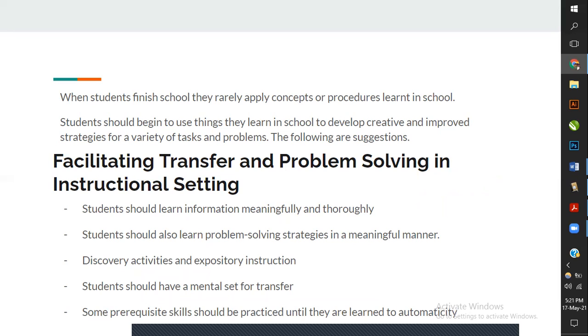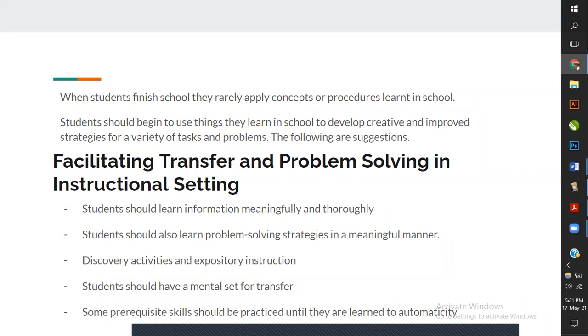Students should have experience identifying problems for themselves. In maths, especially, or any other subject, students need to have experience. After a while of practicing, they gain this experience where they identify the problem and try to solve it on their own, right?